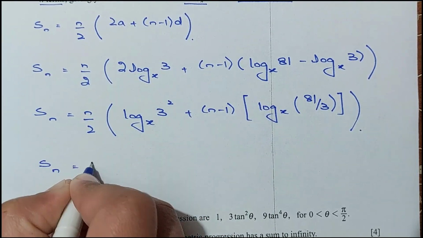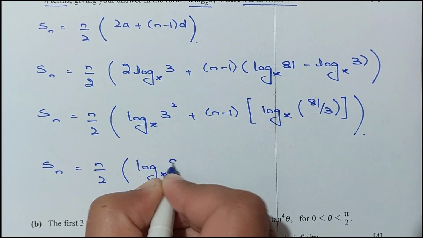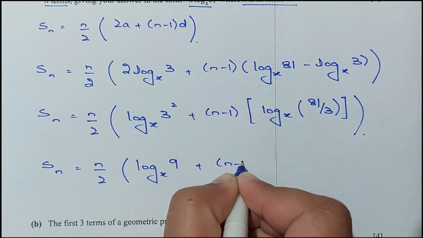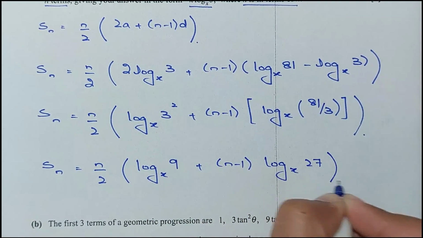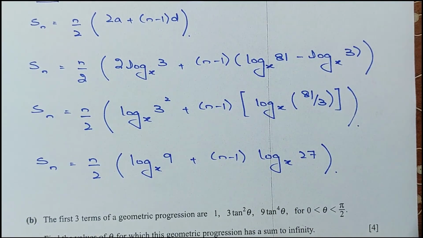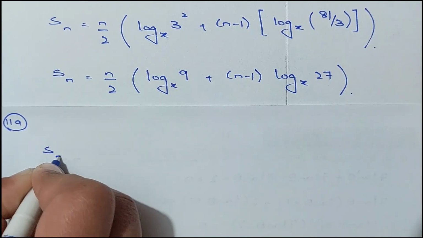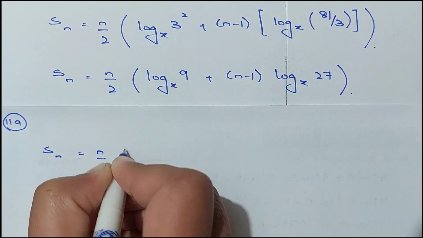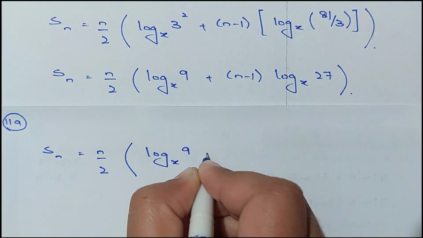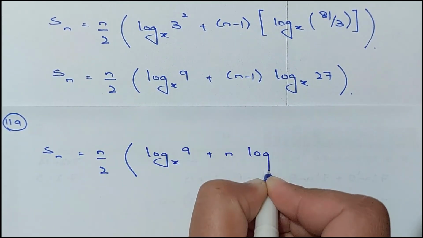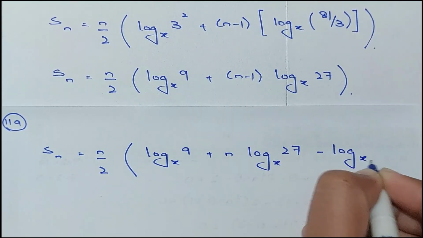So Sn is n by 2 log base x of 3 squared, which is 9, plus (n minus 1) log base x of 27. Okay, we need further simplification. Sn is n by 2 into log x of 9 plus n log x of 27 minus log x of 27.